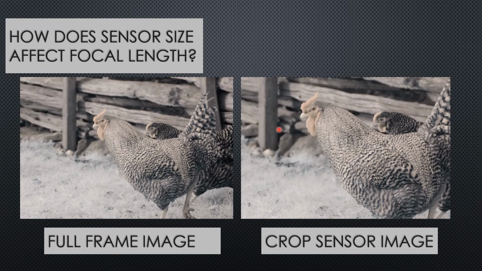Sports and wildlife photographers love this factor because it is way cheaper and way lighter weight to be photographing with a 300 millimeter lens than a 450 millimeter lens, or a 600 millimeter lens versus a 900 millimeter lens. And so basically you're just getting the extra reach from that 1.5 crop factor.